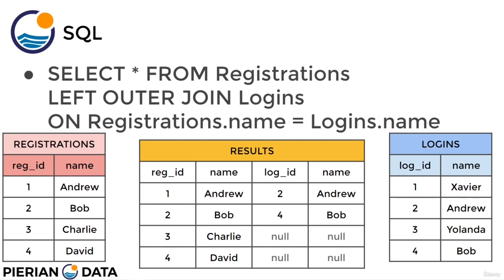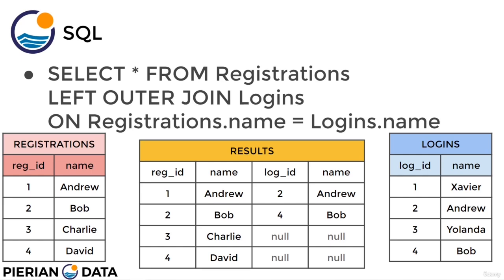Recall that we're going to grab everything from the registrations table, and if there happens to be a match with the logins table, we'll go ahead and return it. If there is no match, we're still going to grab that information from the left-hand table, which is registrations, but because there's nothing in table B for it, we're going to fill it in with null.